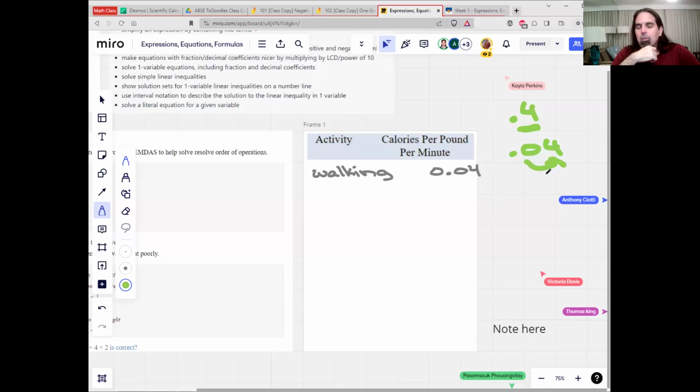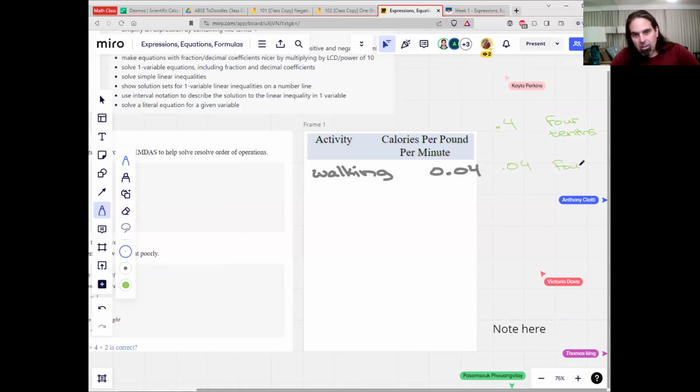Everyone remember that? And that's way too big a font. I don't want such puffy 4s. Why did it do that? Okay, so 0.4 would be 4/10, and 0.04 would be 4/100. But that's not really what we're talking about.